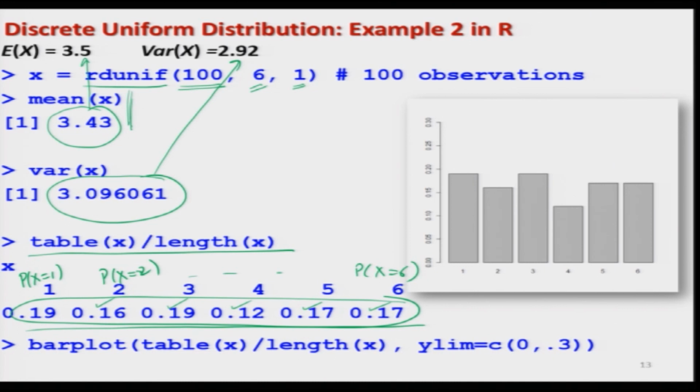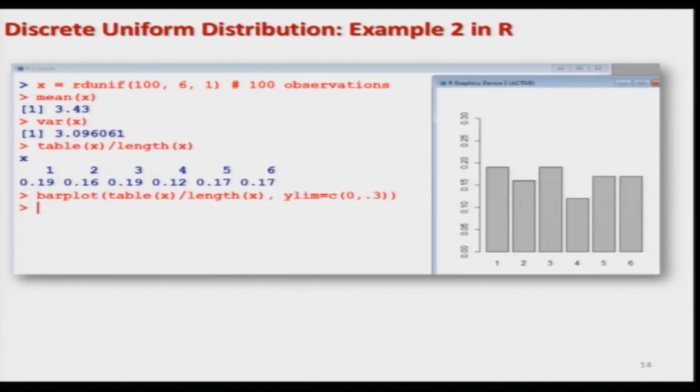You can see these are estimated probabilities of the probability mass function for different values of x equal to 1, 2, 3, 4, 5 and 6. And if you create a bar plot, you can see that these probabilities are not the same, and ideally this uniform distribution should have all the probabilities at the same level. This is not happening.